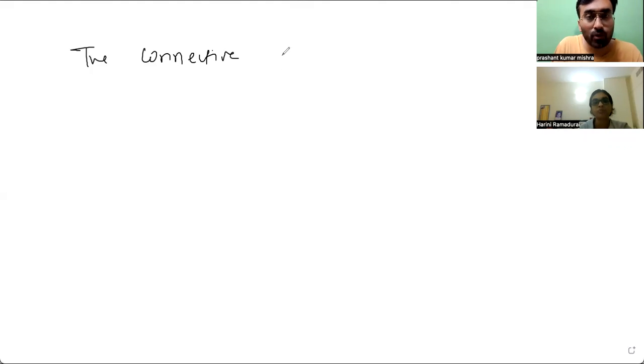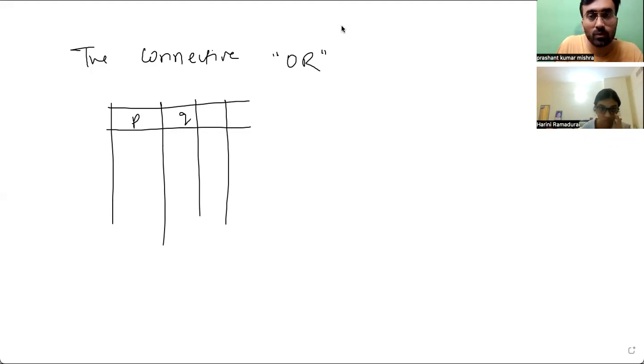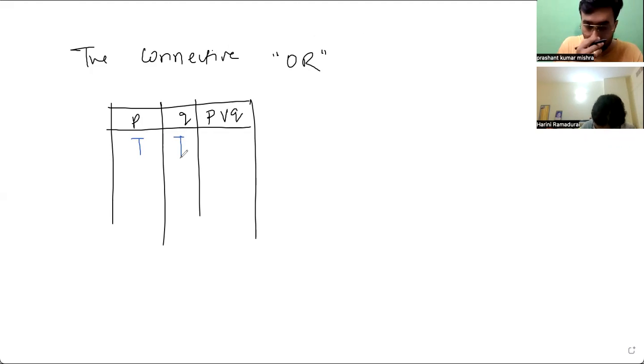Now the connective or. We can make a table for this. If this is P, this is Q, and this one is P or Q. Let's say both are true, so this will be true.